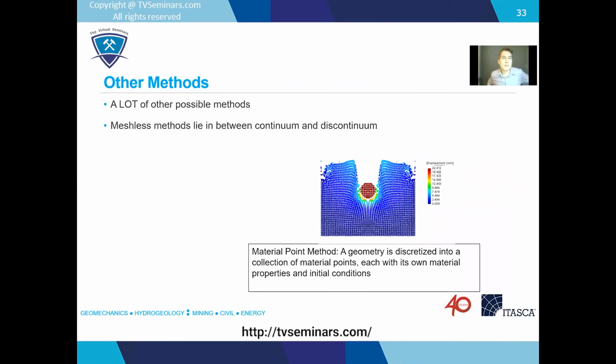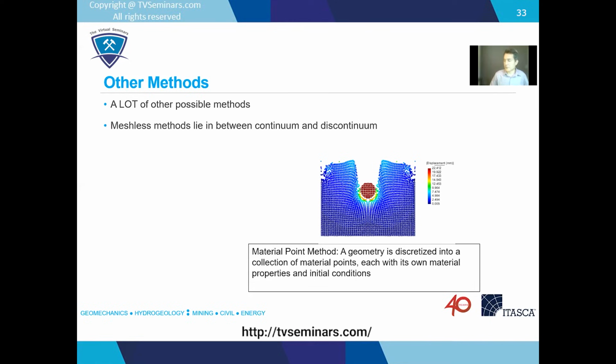Okay, so just to finish up, I talked about continuum, I talked about discontinuum and hybrid methods. There are a whole lot of other possible methods out there that I have not talked about. I'll leave it up to you to go and research those things. One of the things that is becoming more popular is this idea of meshless methods.